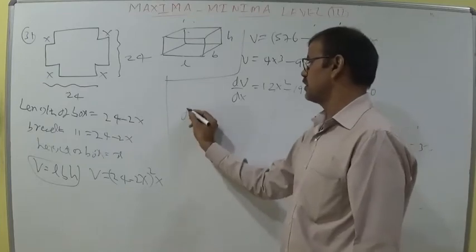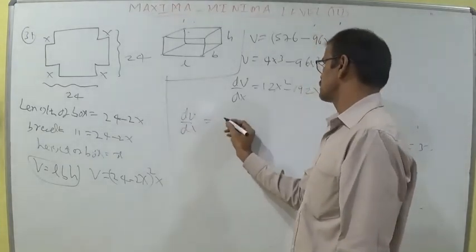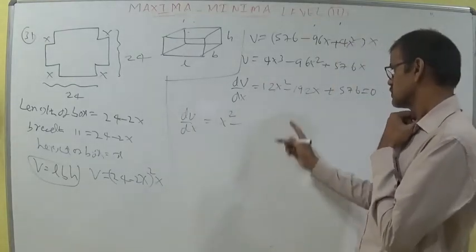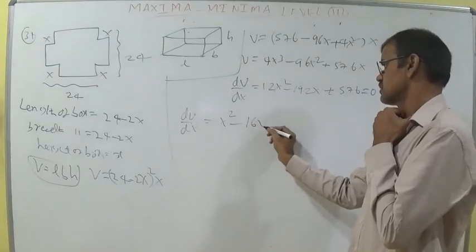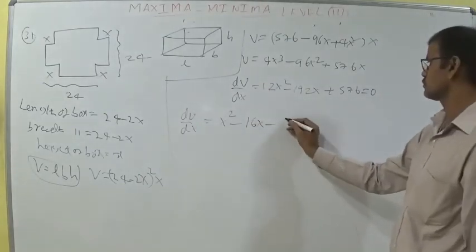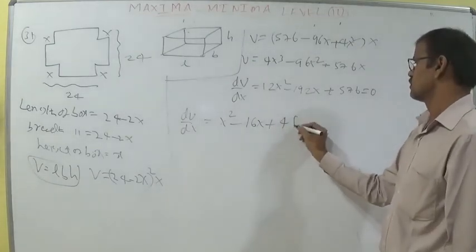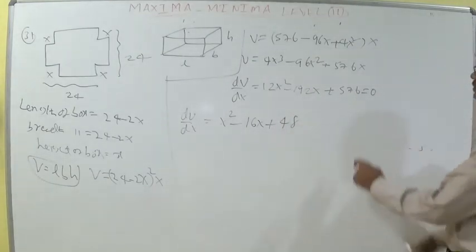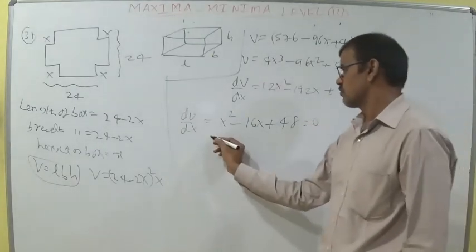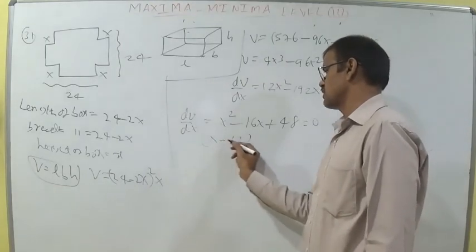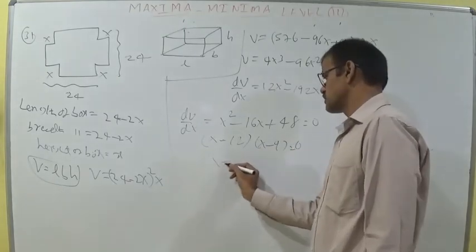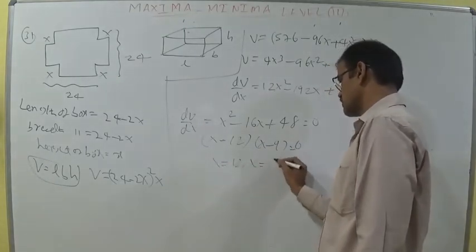If we divide by 12, dV by dx is equal to x square minus 16x plus 48 equal to 0. 12 fours are 48, so factors are there. So (x minus 12) into (x minus 4) equal to 0. So x is equal to 12, x is equal to 4.